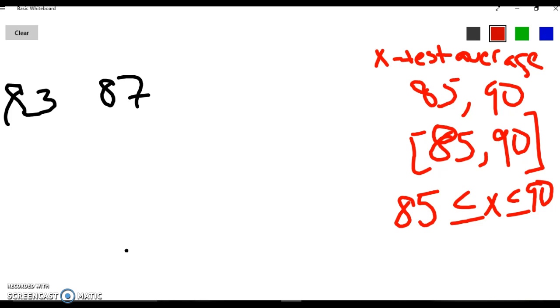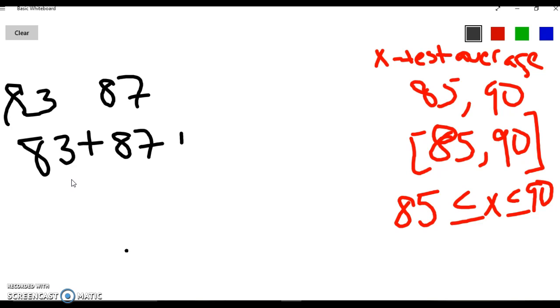So now let's take a look at, okay, so we have 83 and 87. We are going to solve for the missing value. So I know that I have 83 plus 87. This is how we find average. And I'm going to say plus y.